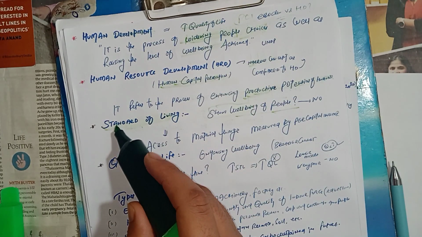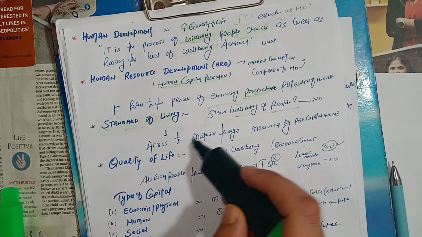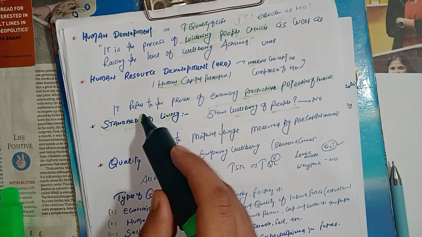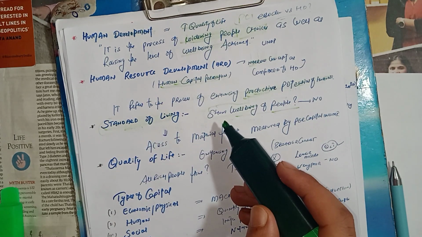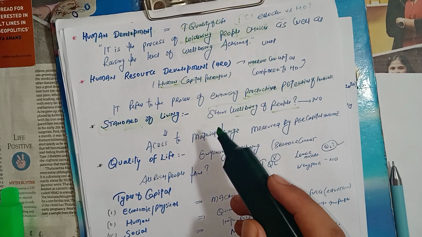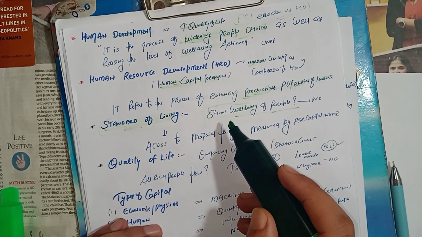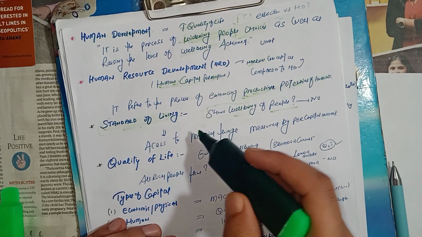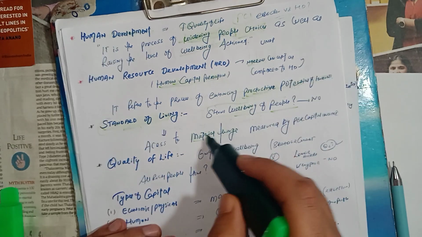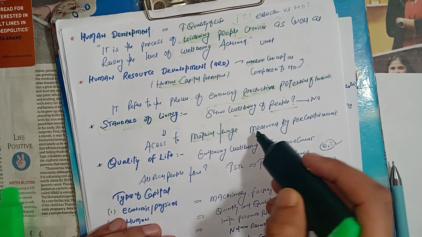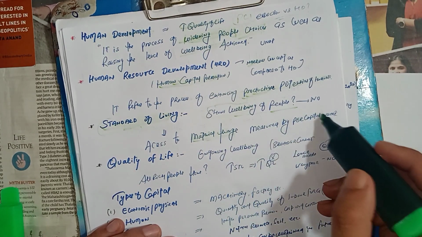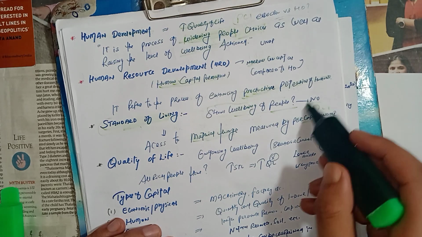What does it show? It shows the access to material things. Standard of living means, we often say that he has a decent standard of living, meaning he has larger access to material things. So this is measured by per capita income.